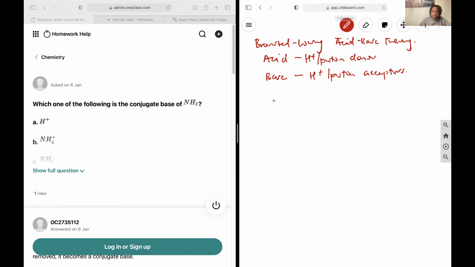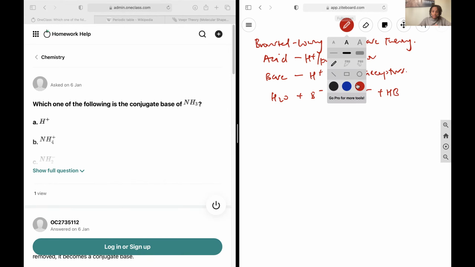And so if I have, for example, H2O plus a base, I should get OH minus plus HB.